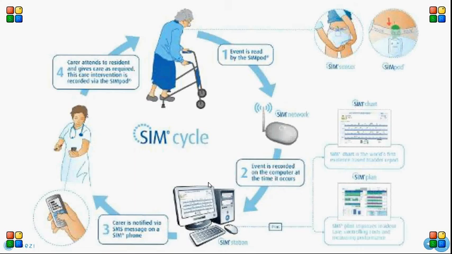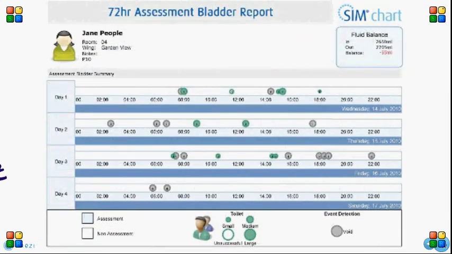The SIM station will automatically alert the carer about events requiring attention via SMS to the carer's mobile phone, so that the patient can receive attention when they need it. This example of a bladder report is visually very easy to read and very concise as well.